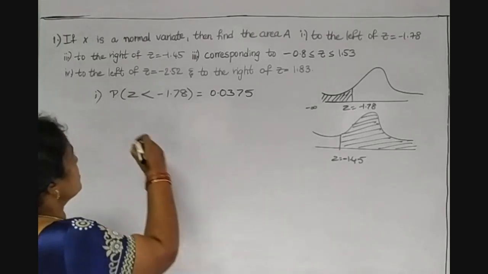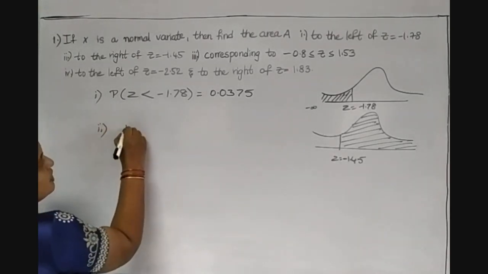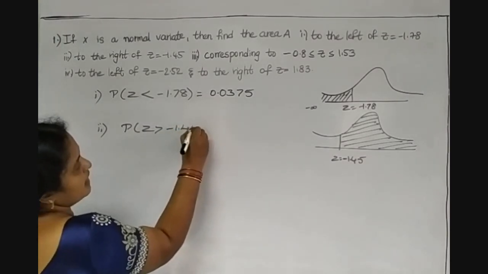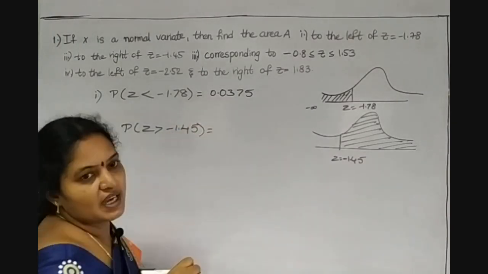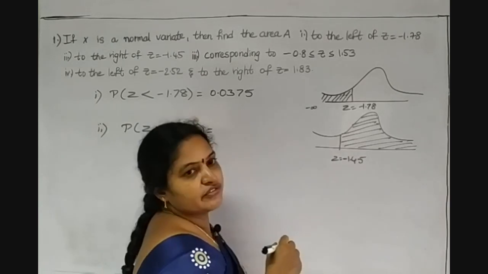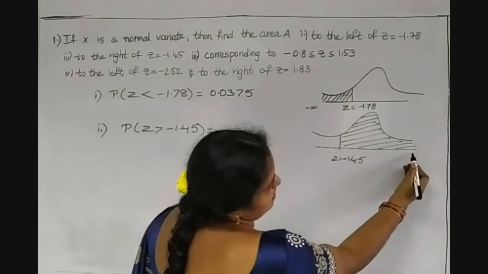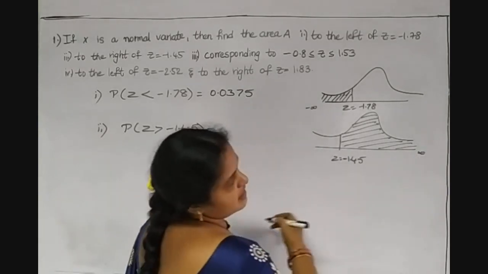That means the second case is probability of Z greater than minus 1.45. So we have to find out the area from minus 1.45 up to infinity, that is plus infinity.